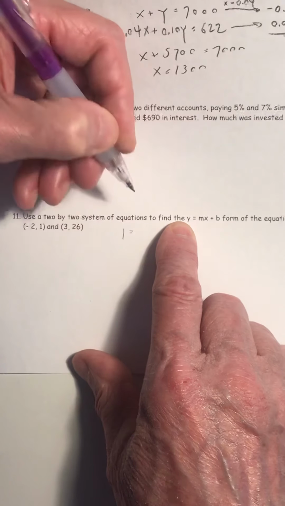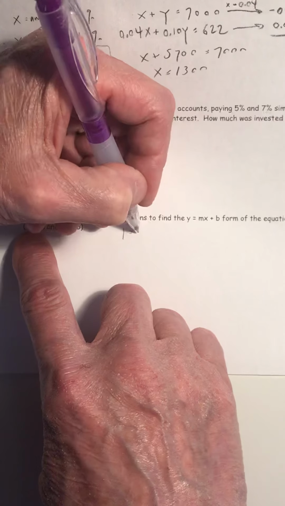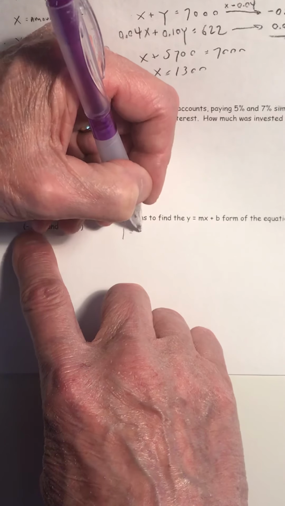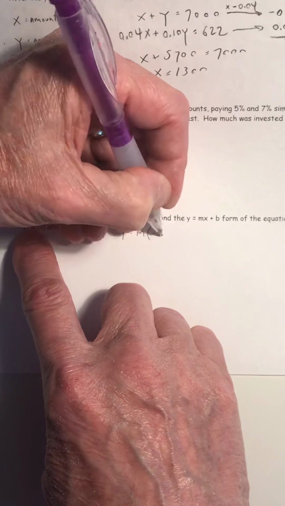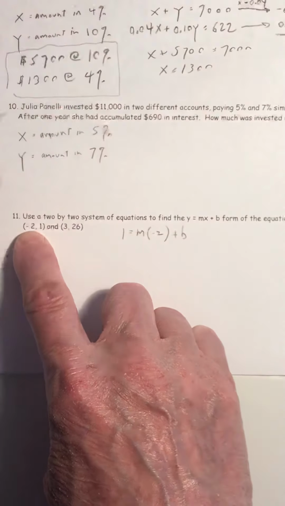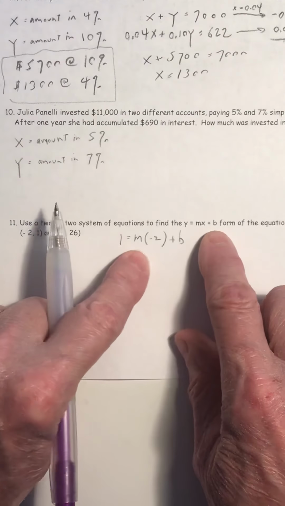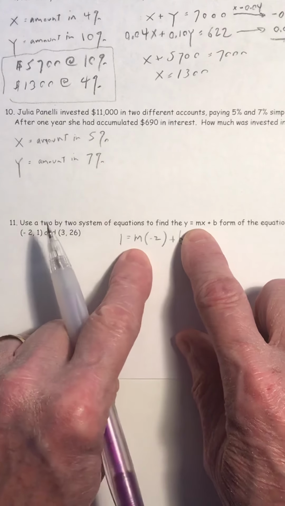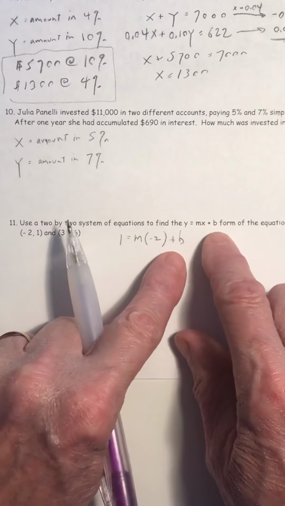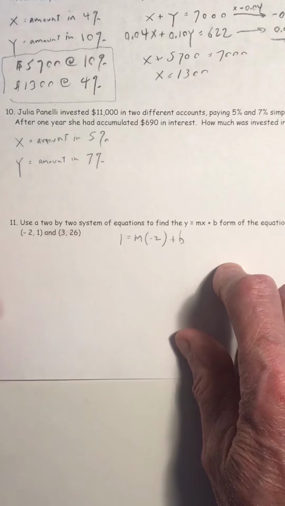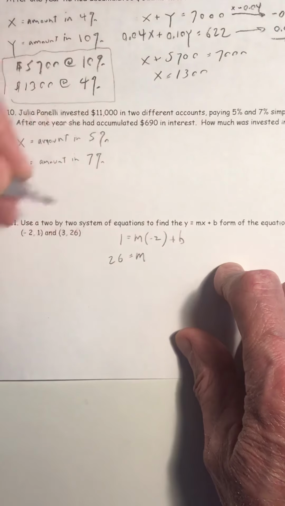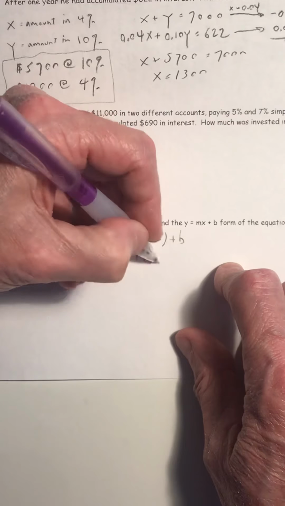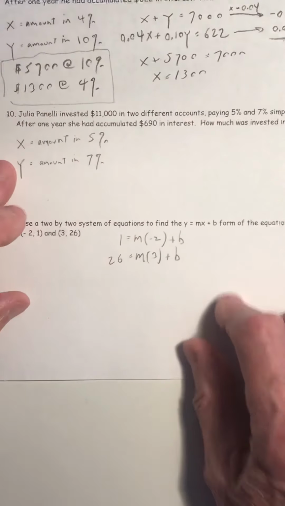I would say 1 equals negative 2 times m plus b, right? Y equals mx plus b becomes 1 equals m times negative 2 plus b. Do the same thing with the other pair of numbers. 26 for the y equals the slope times 3 plus b.